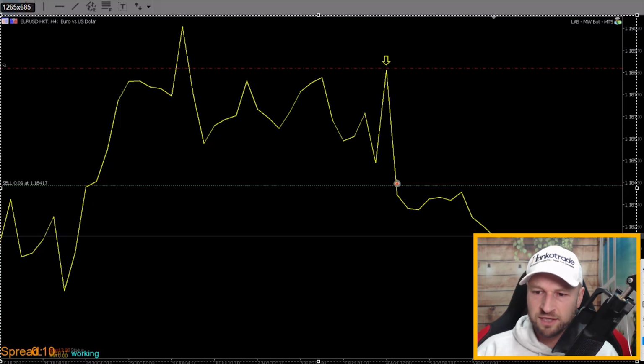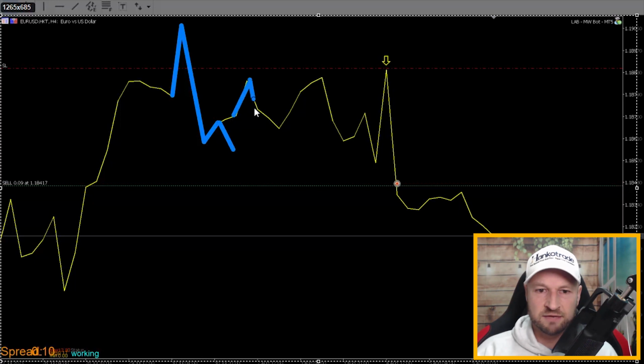If we grab the line tool, zoom in a little bit, give ourselves a bit of space, let's draw out a few M's and W's. If we go up here, that's the start of an M. It didn't finish off. That's the start of an M. It didn't convert. That's the start of an M.